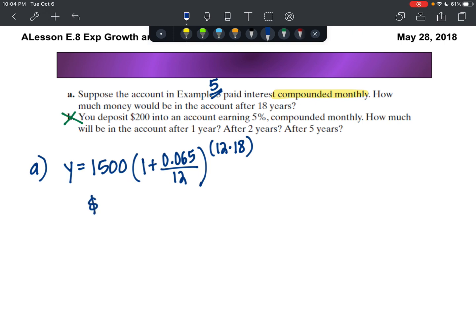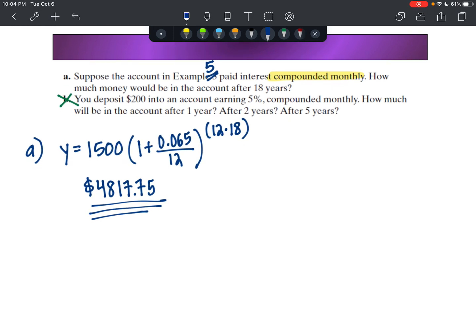And then you put all that in your calculator, and this is going to tell us whether or not you've got your calculator strokes down properly, putting everything in the order it needs to be in. And $4,817.75 is our answer. Hip, hip, hooray.